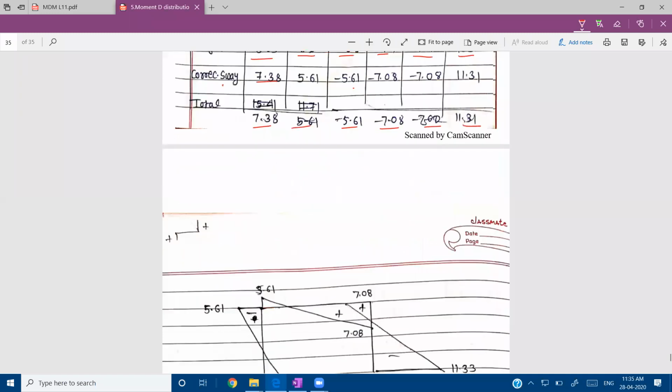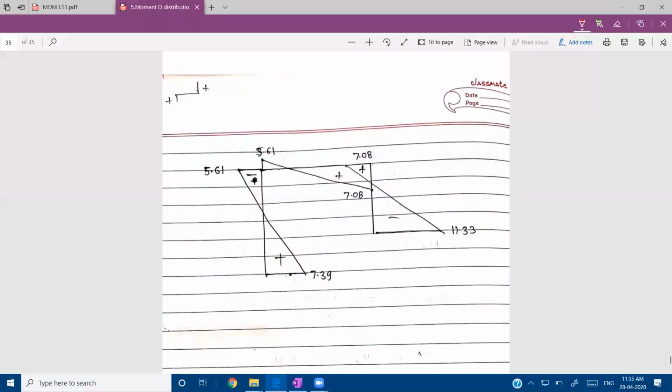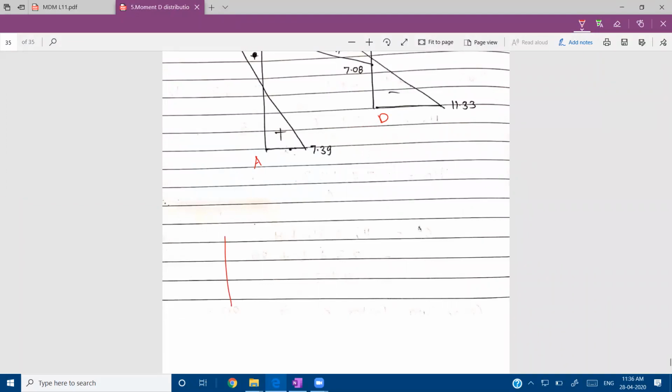And now for drawing the bending moment diagram, this is support A, support B, support C, and support D. In case of AB, this will be the left support, this will be the right support, this is the above part, this is the below part. In case of BC, B will be the left support, C will be the right support.